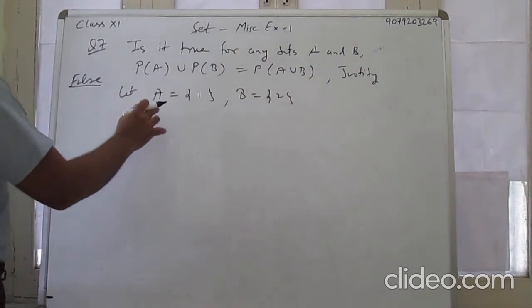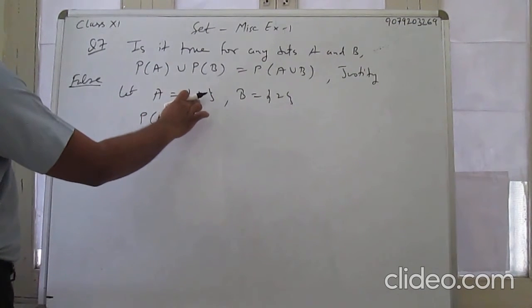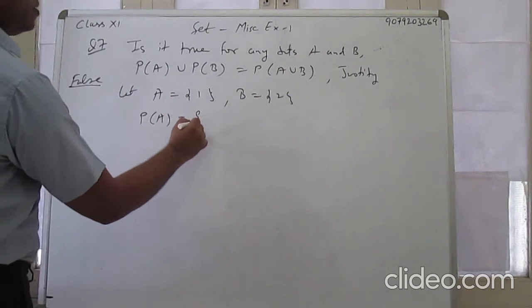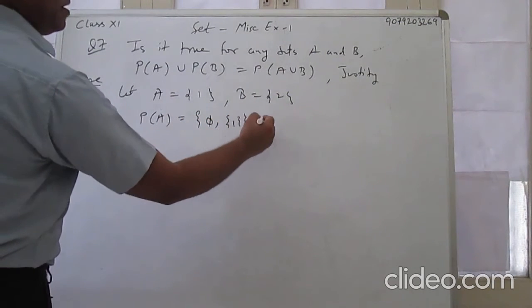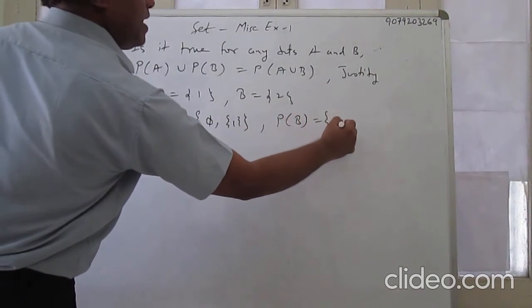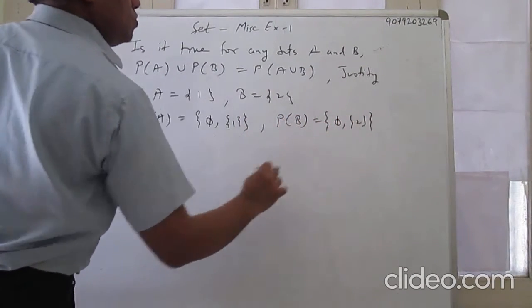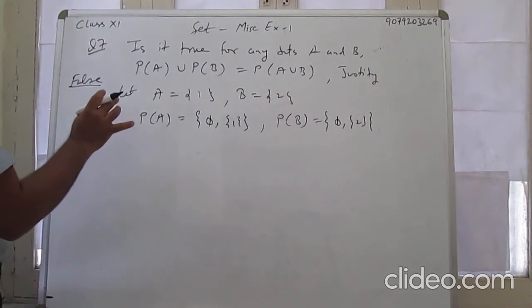Now what is the power set of A? How many elements are in the set? 1. So how many elements in the power set? 2: {∅} and {1}. Now what is the power set of B? {∅} and {2}. Now the power set of A union B. What is A union B?